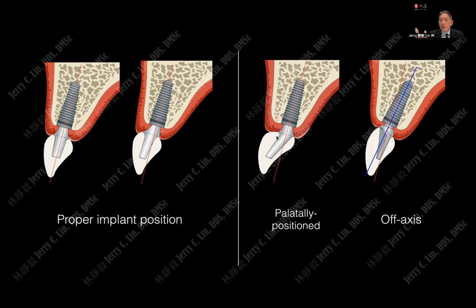But if we place the implant off-axis, and as I mentioned, within 15 degrees of the implant position with a buccal version, that could be managed with an angled abutment or other type of abutment correction.